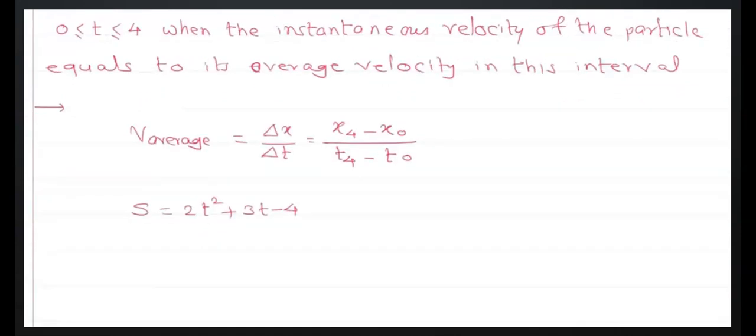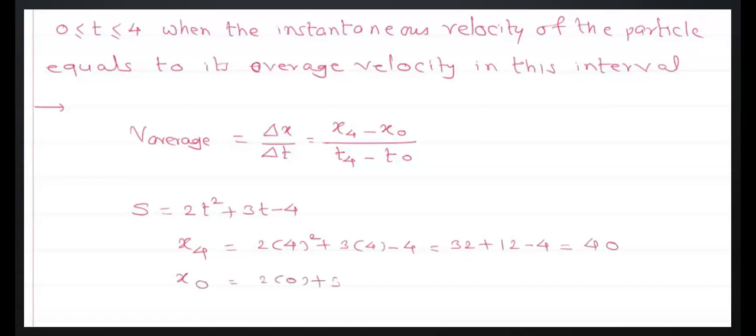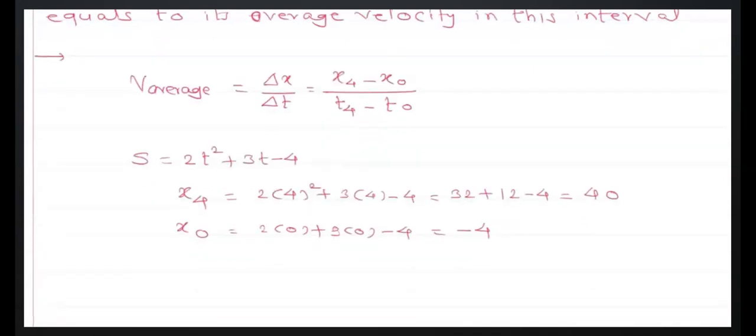The value of s = 2t² + 3t - 4. x4, with t replaced by 4, is 2 × 4² + 3 × 4 - 4 = 32 + 12 - 4 = 40. x0 is -4.